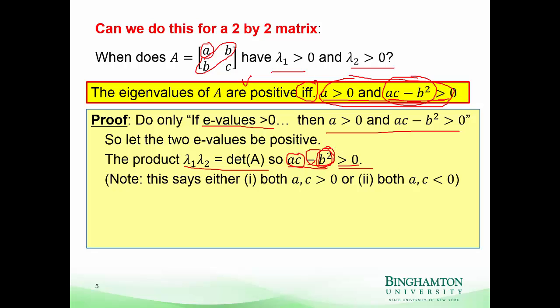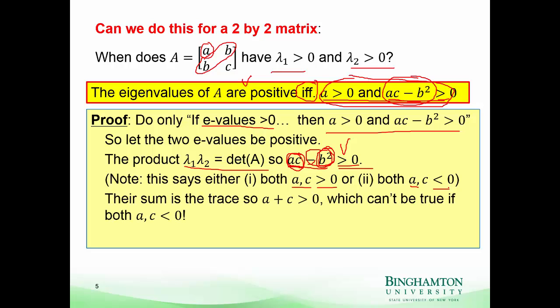That's the key. So AC has to be at least positive, otherwise we have no chance of making this. If AC is negative, no way can we meet this. So that means either both A and C must be greater than 0, that's one possibility, or both of them have to be negative. That's the only way we can get two numbers whose product is positive.